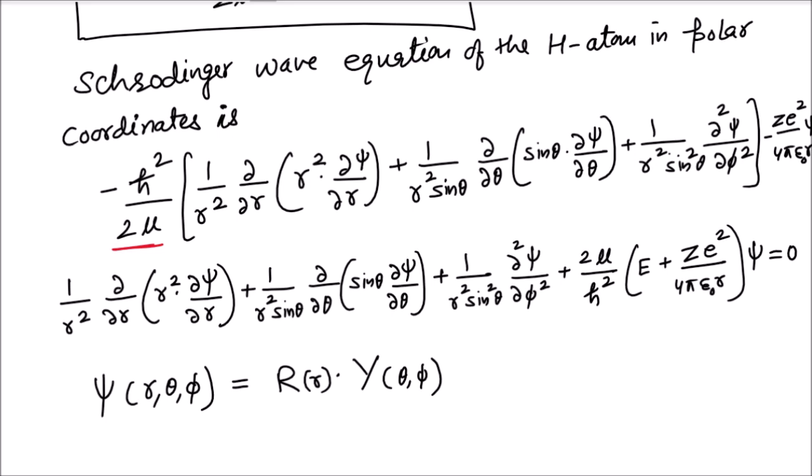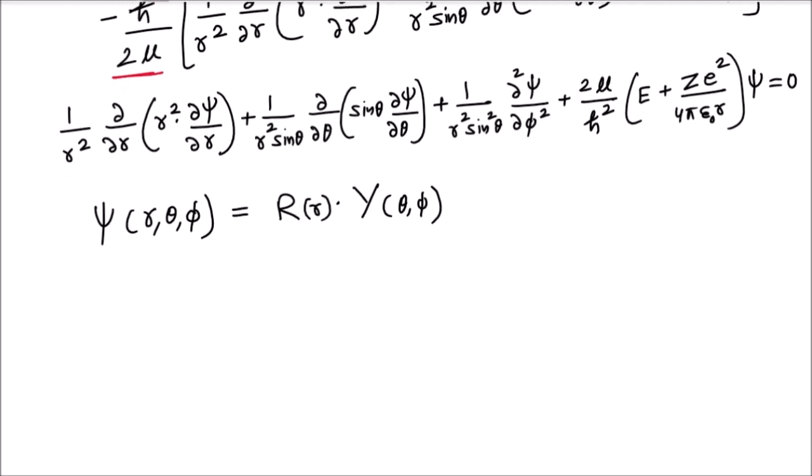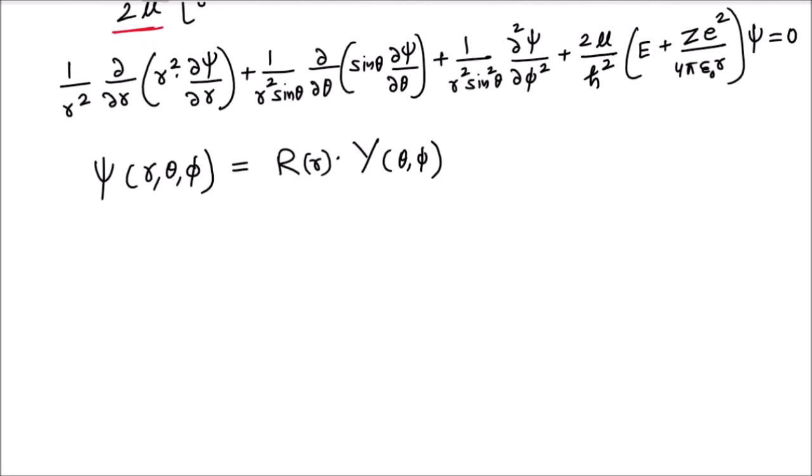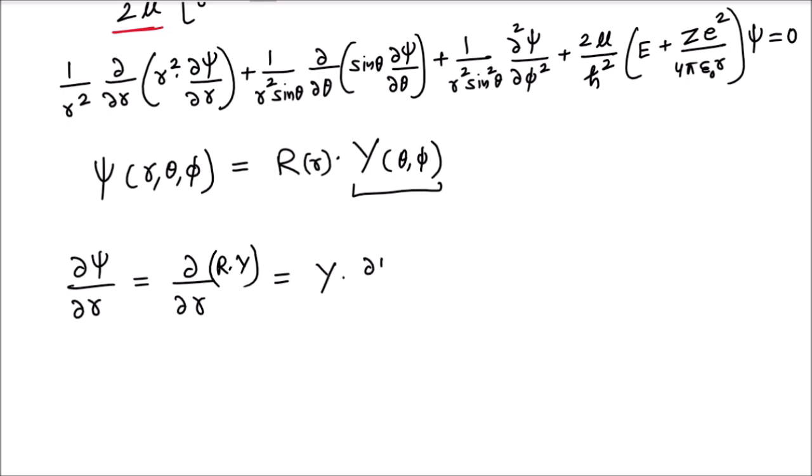Now see, Y does not depend on r, so we can move it in front of the radial derivative. The partial differential of psi with respect to r implies partial differential of R into Y with respect to r. So Y is constant when differentiating with respect to small r, so it can be written like this.